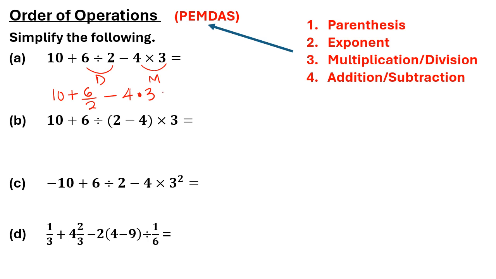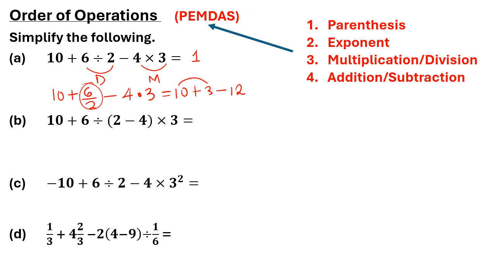All right, so if we keep going, we get 10 plus, we know that 6 divided by 2 will be 3, minus, we know that 4 times 3 will be 12. And now we'll simplify these numbers here. 10 plus 3 will be 13, and 13 minus 12 will be 1. So the final answer is 1.